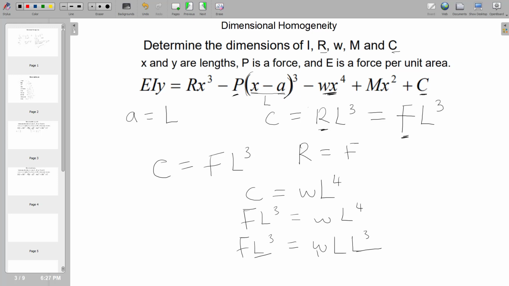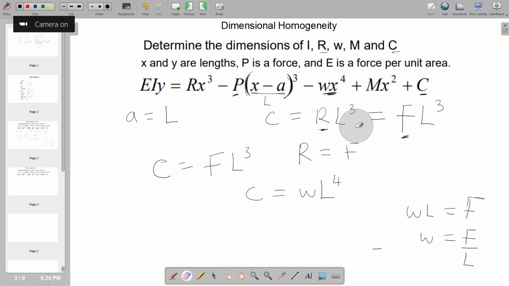So our WL is in fact a force. So our W is in fact some force divided by some length, some force per length. Okay, so that also gives us our W.